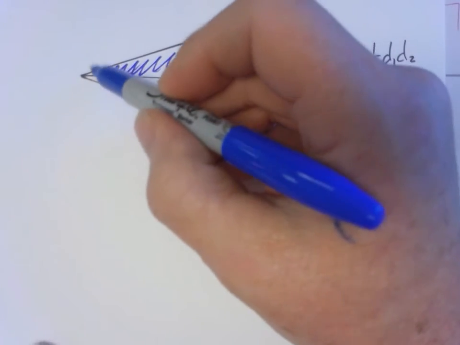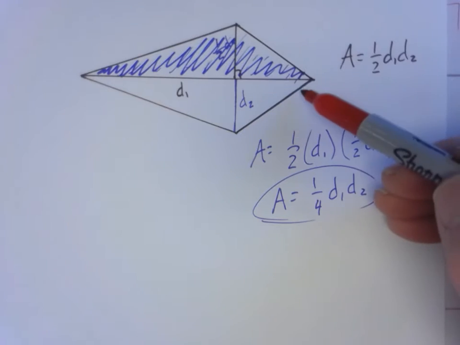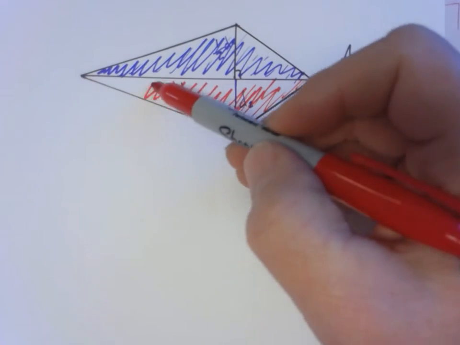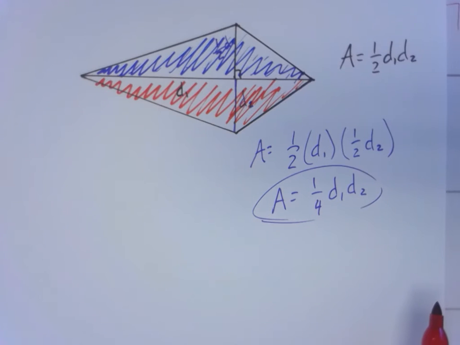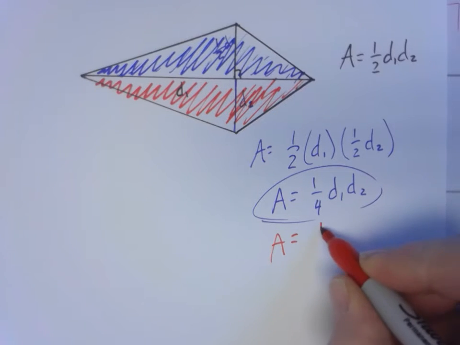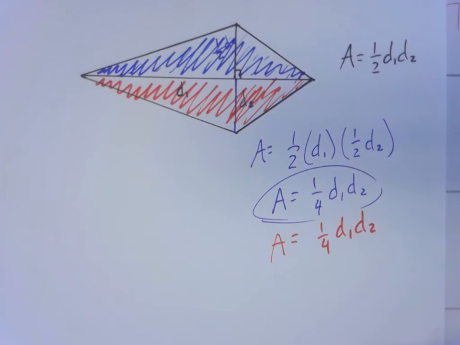Okay? And what do you think about the area of the bottom triangle? Okay, I think they're congruent triangles. So I suppose the area of the bottom triangle would also be 1/4 of diameter 1 times diameter 2.